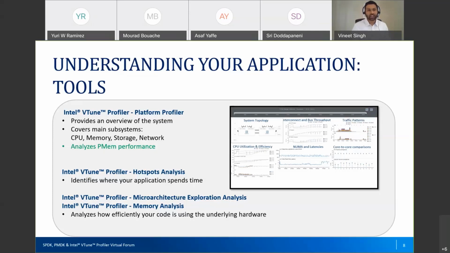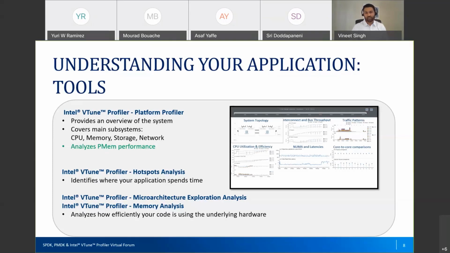You need to understand what the CPU, memory, storage, and network are, and all that information is available using Platform Profiler. We also provide PMM-specific metrics once you have the PMM hardware, and in that case, it really helps you monitor and tune performance.